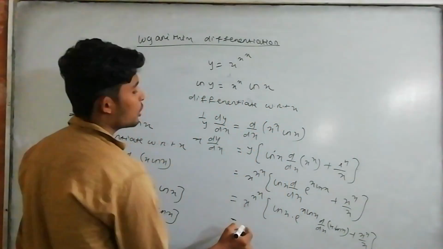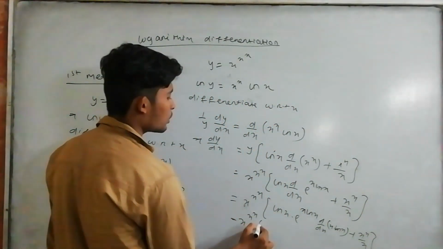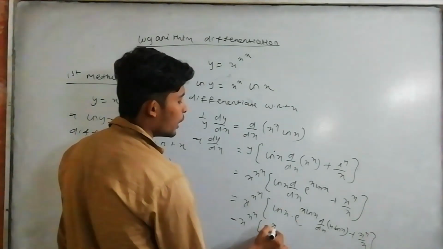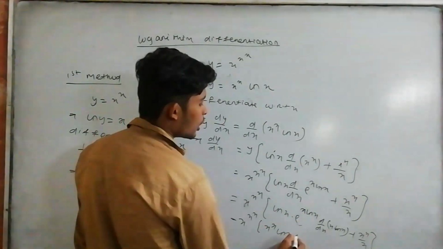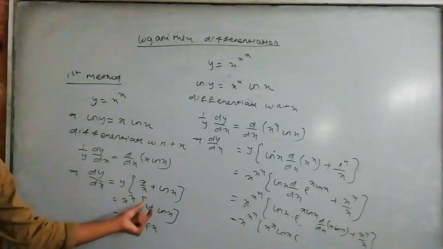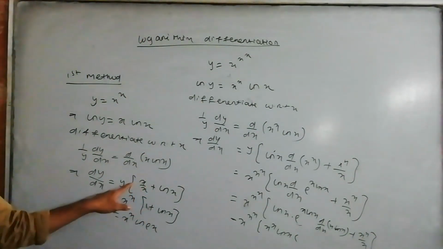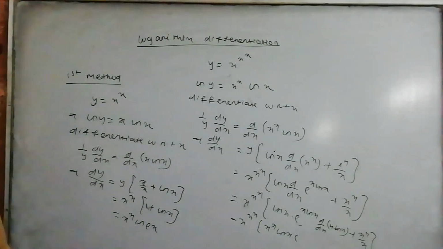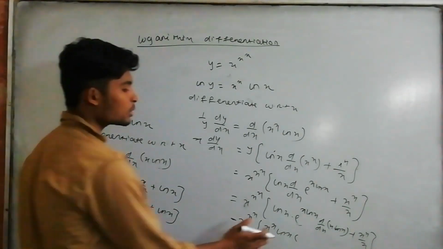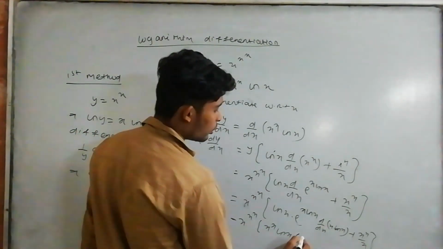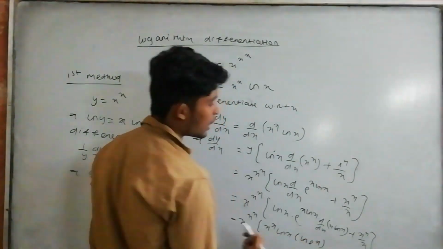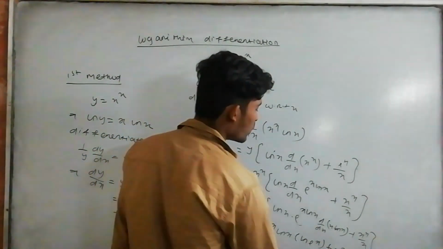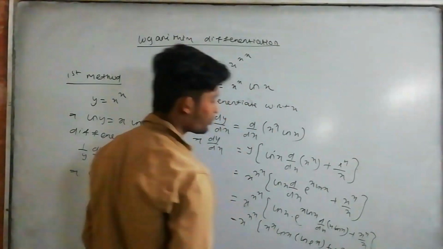Okay, so what do you get? x to the power x, and here x to the power x ln x. Here I get that the derivative of x ln x is ln ex. Okay, derivative of x ln x is ln ex, so it is ln ex, and plus x to the power x divided by x.